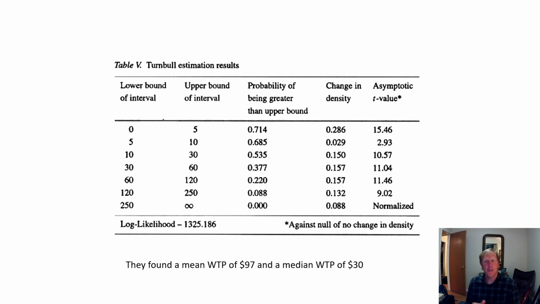Here we see a table of the results with the lower bound and upper bound. In the third column, you see about 71% of the people, or it's likely that the true willingness to pay is higher than 5. And you see there at 60, there's about a 37% probability that the willingness to pay is greater than 60. And for this, they found a mean willingness to pay of $97 and a median willingness to pay of $30.